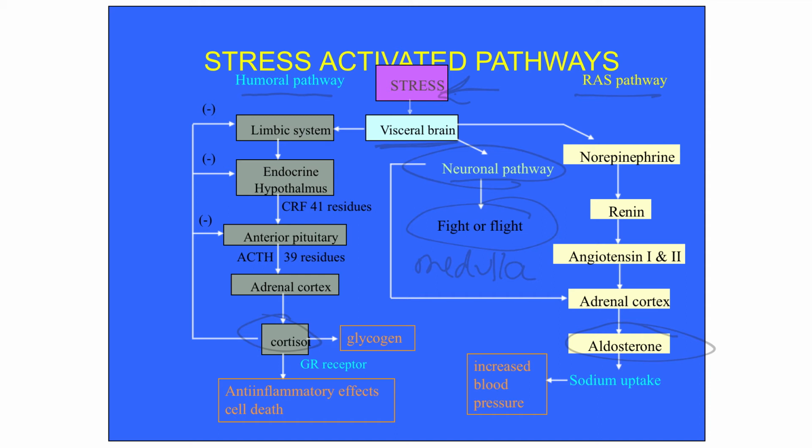In addition to having those catecholamine effects, we also have stimulation of the renin-angiotensin system pathway. This begins when there is sympathetic stimulation, norepinephrine release, again from the medullary area of the adrenal glands, and the kidneys themselves have cells that secrete a product called renin. What renin does is nothing really itself, but through biochemical alterations it leads to the production of these substances called angiotensin.